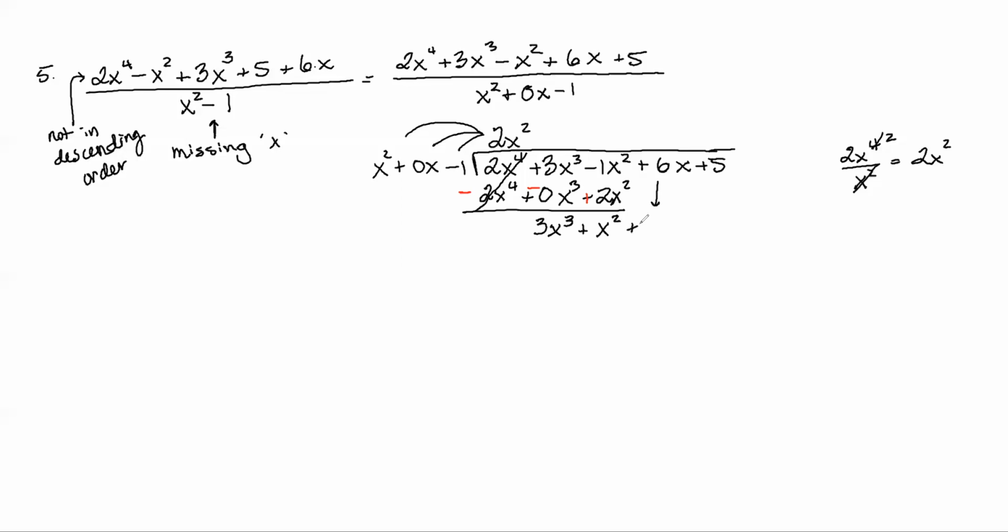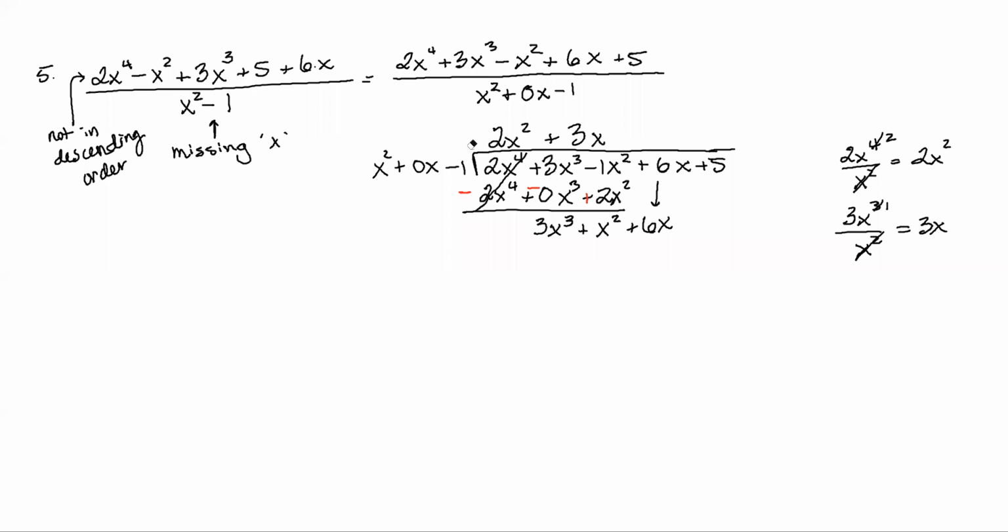Bring down that plus 6x. Repeat again. So first term divided by first term, 3x cubed divided by x squared. Cancel 2 x's, we're left with 1. So 3x. Positive, so plus 3x.